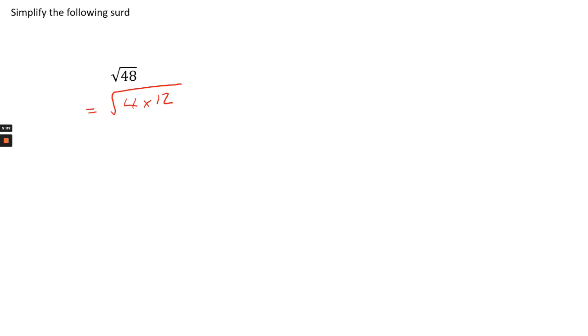Okay. My challenge, though, is that I've missed something here. And what I've missed is there's another square number that's bigger that goes into 48. So I need to make sure that I'm always going to use the biggest square number. So if I need to, I can write out my factors of 48.